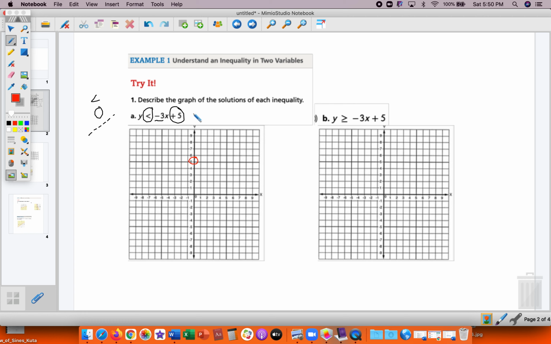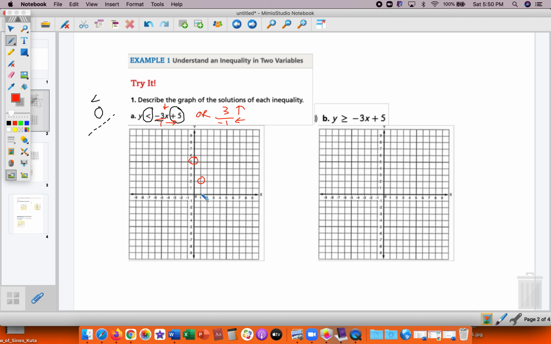If our slope is -3, we can do -3 over 1. So we can go down 3, right 1, or we could go up 3, left 1. They both would give us a negative slope line, a line falling down. You're just getting different points on the line in different directions. So we're going to go down 3, right 1, open circle.